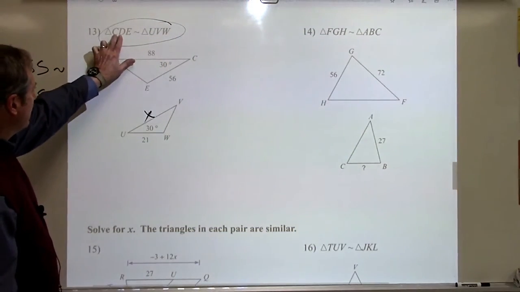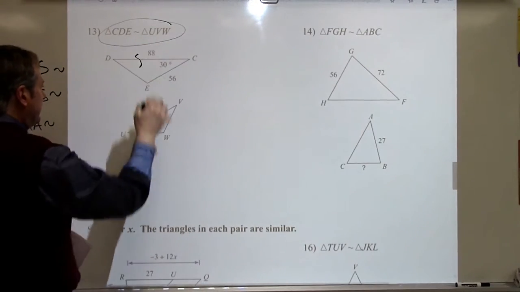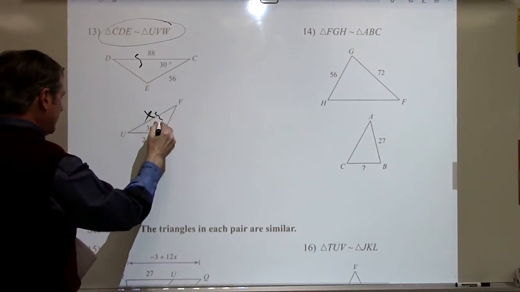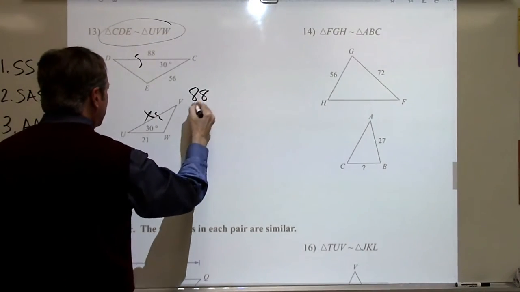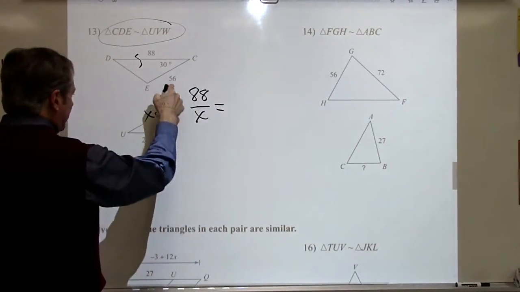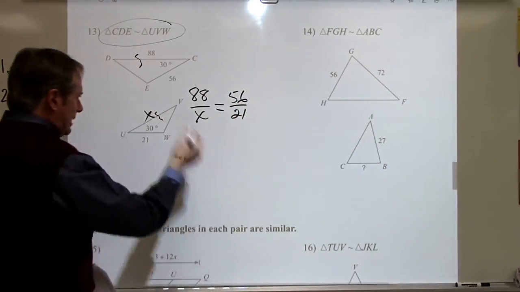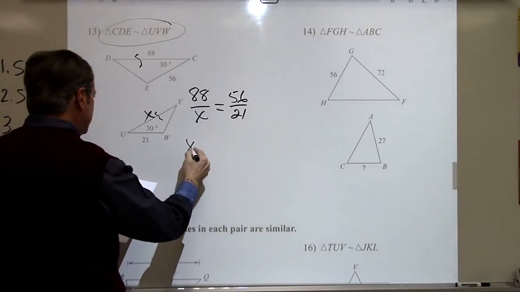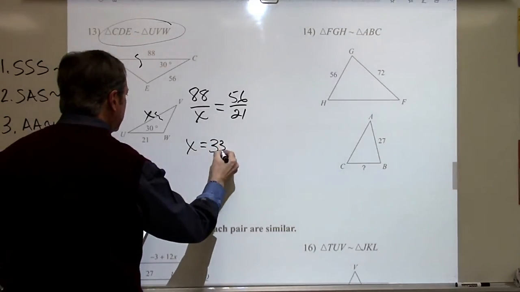Segment CD, that's this one here, compares to UV. That's that one there. Okay, so I can say 88 compared to X must be 56 compared to 21. And you cross multiply and do the algebra, and you get X is equal to 33.